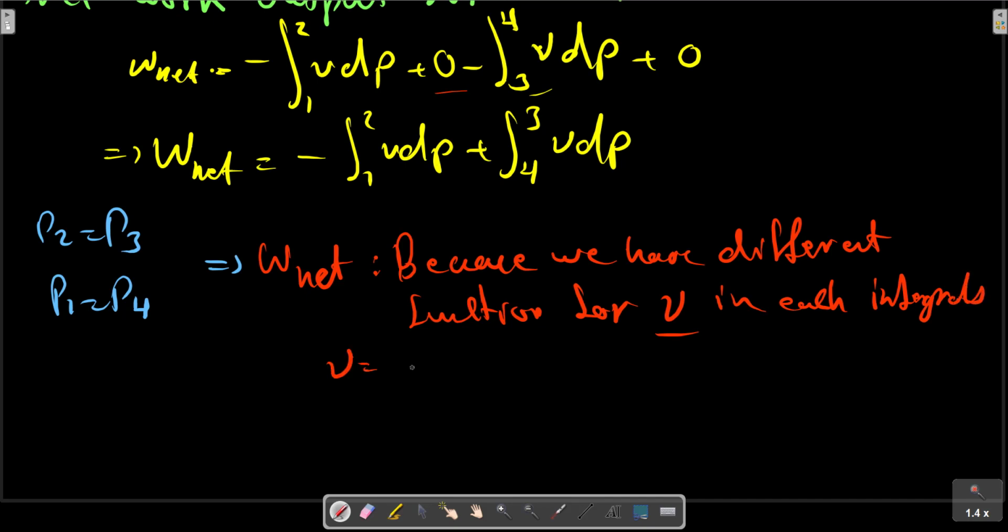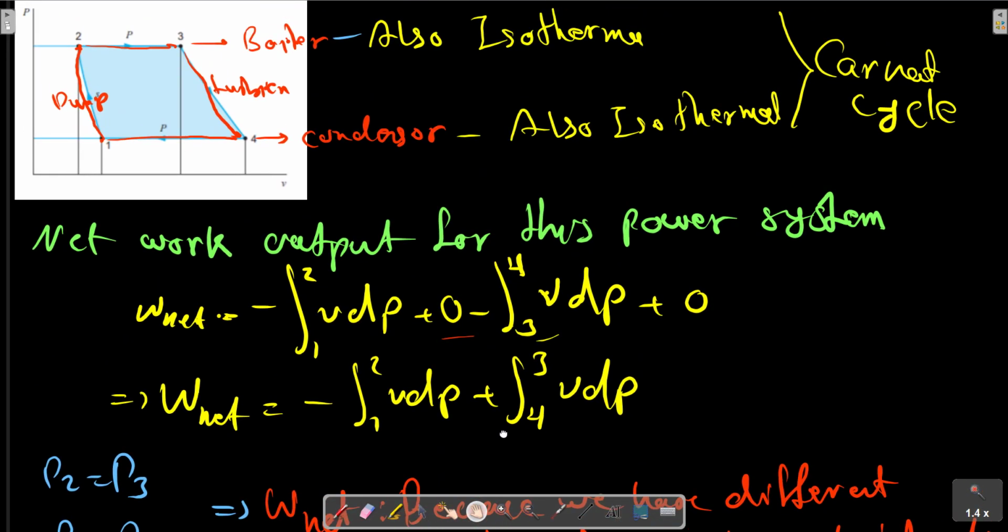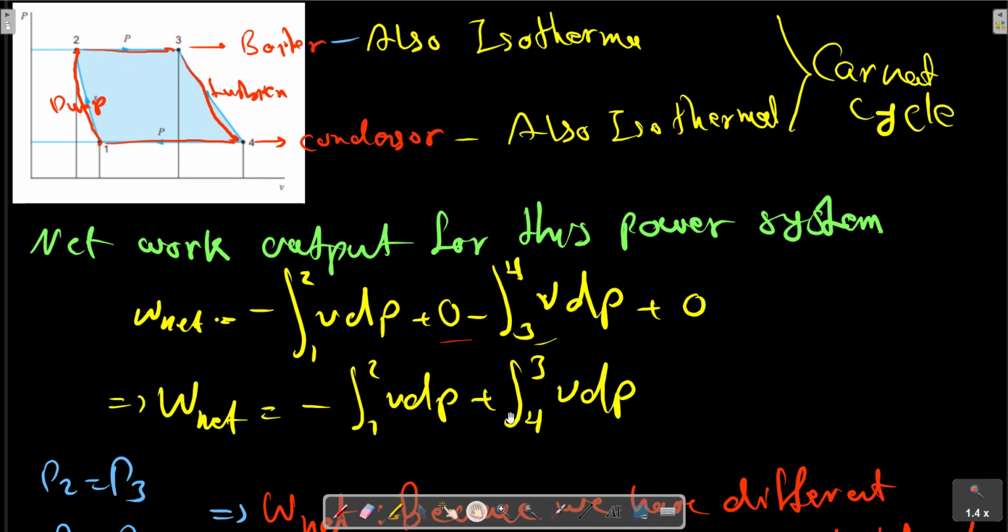V equals a function, for example, of P during this process in this diagram. This is also evident from the areas in this picture of net work.